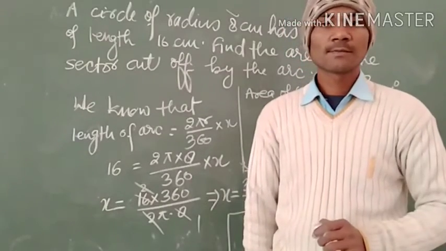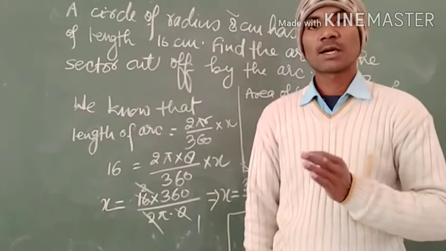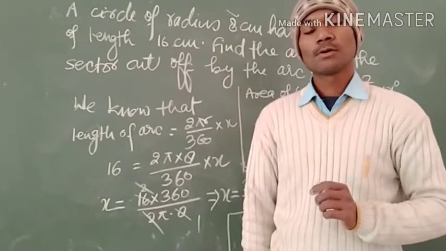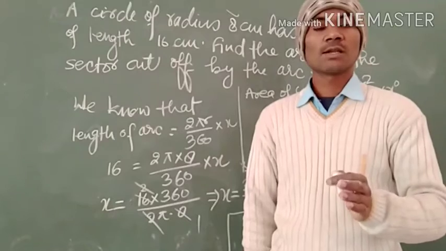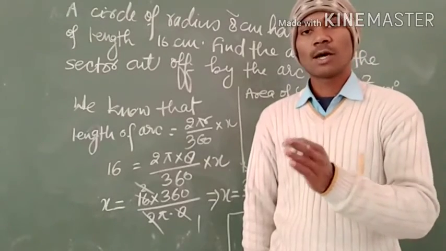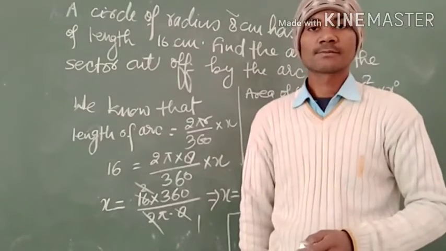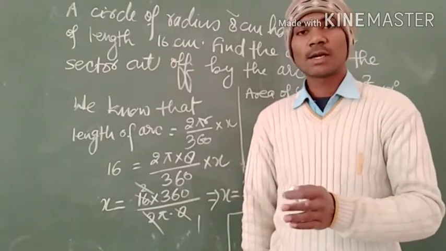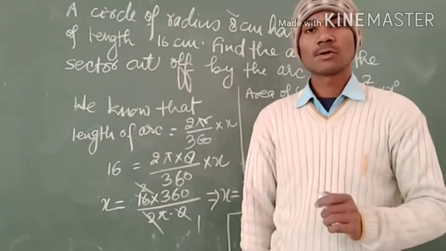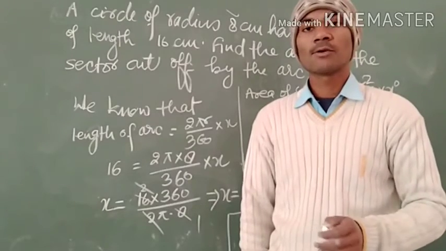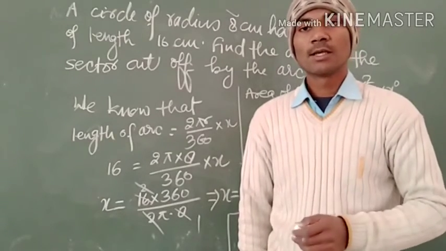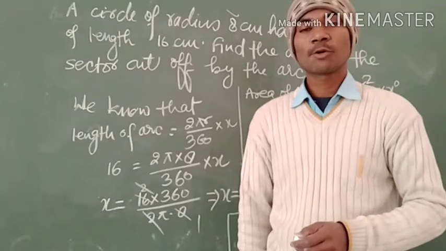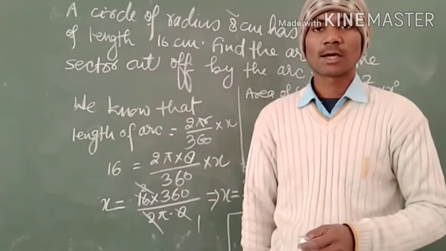But in the question, the sector angle is not defined. Therefore, first of all, we shall find the value of the sector angle. Since the length of arc is given and the radius is also given, we can find out the sector angle using the concept of length of arc.